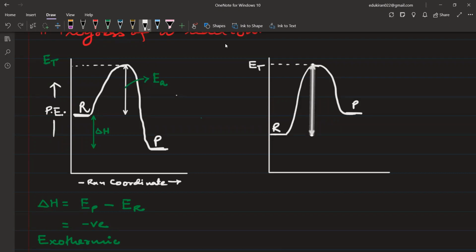This is your activation energy. And this is going to be your delta H. In this case, these are again the same thing, potential energy. This is your reaction coordinate.